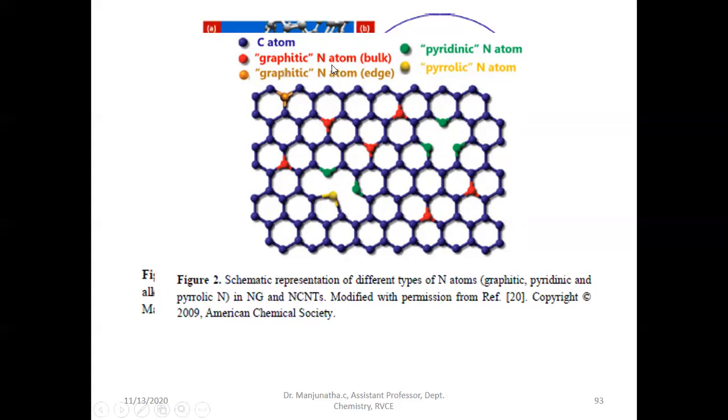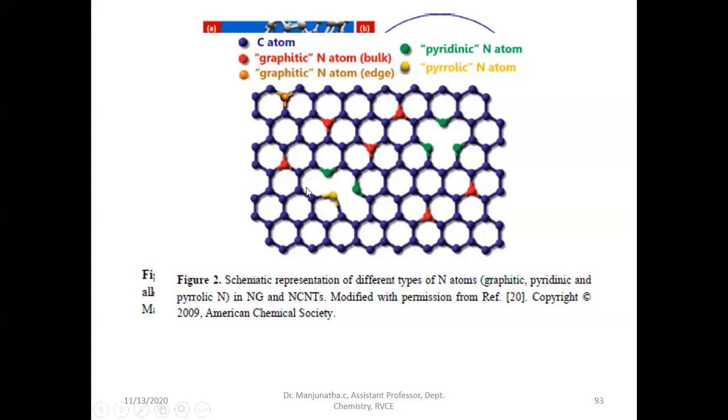So there are 4 types: graphitic nitrogen atom, that is in the bulk, and graphitic nitrogen atom in the edge of the carbon nanotube, that is a 2-side edges, and pyridinic nitrogen atom, that is a 5-membered ring, and pyrrolic nitrogen atom. So because of the creation of different types of active sites in the carbon nanotube, its properties are completely changed, completely altered.